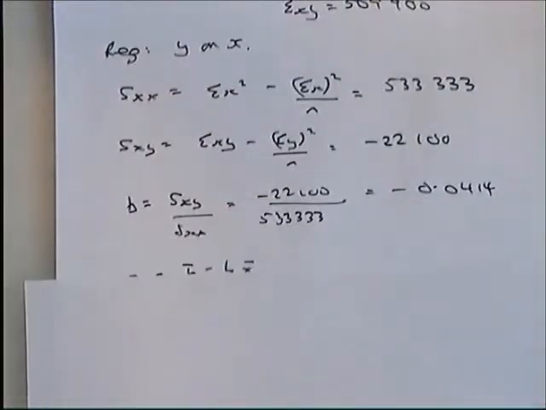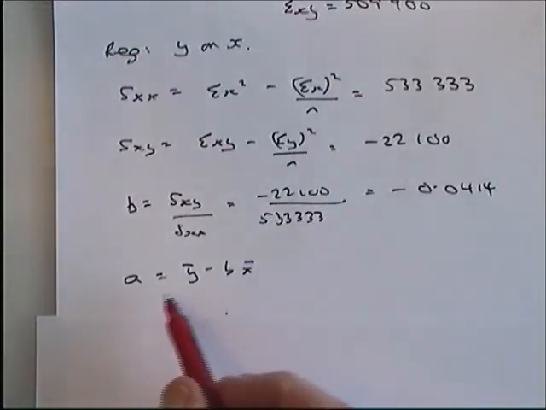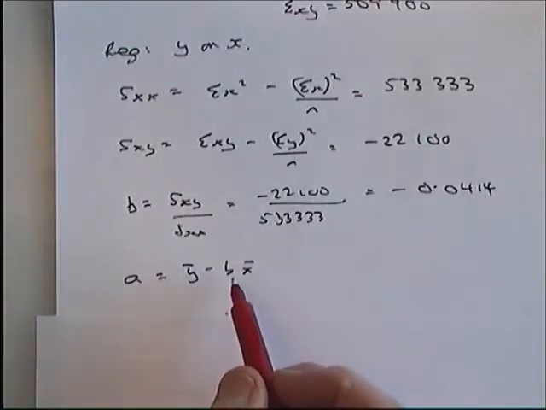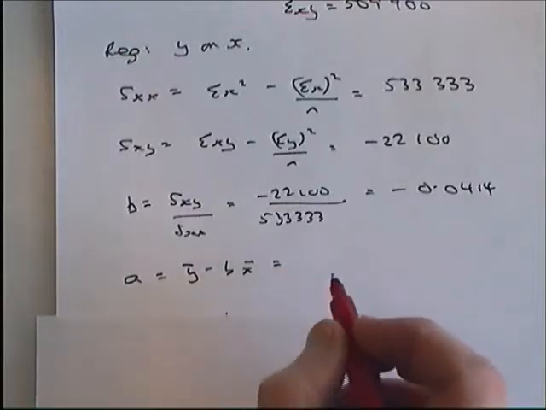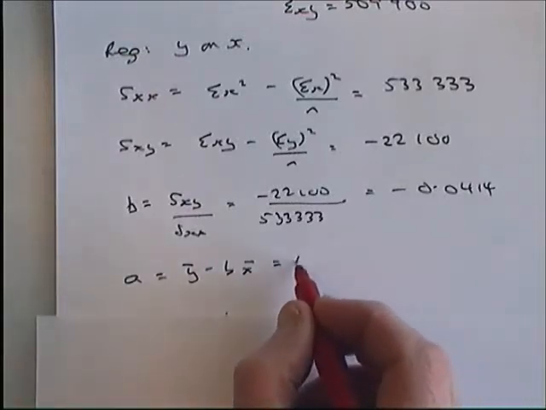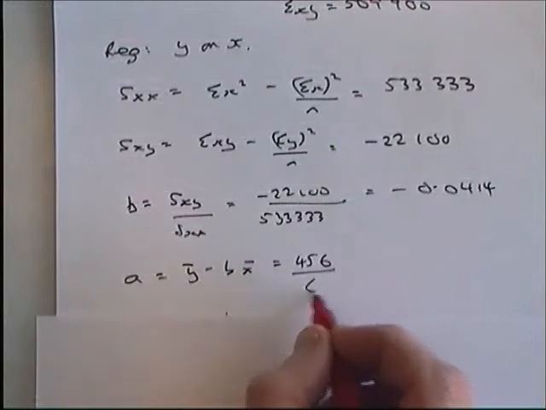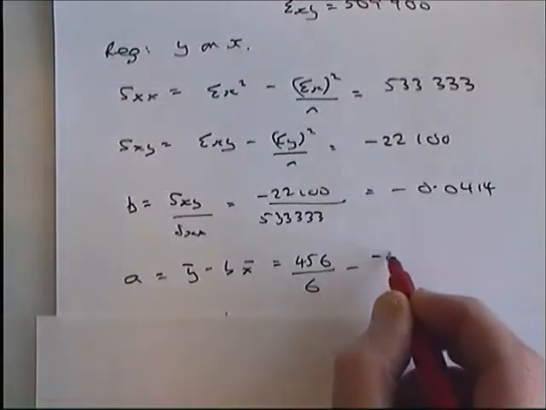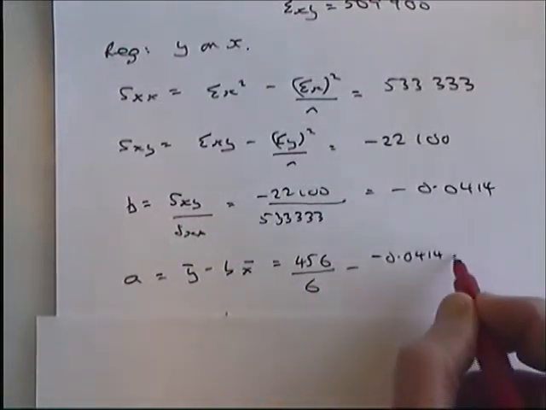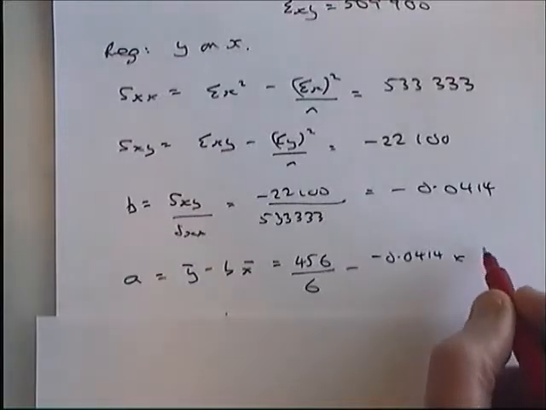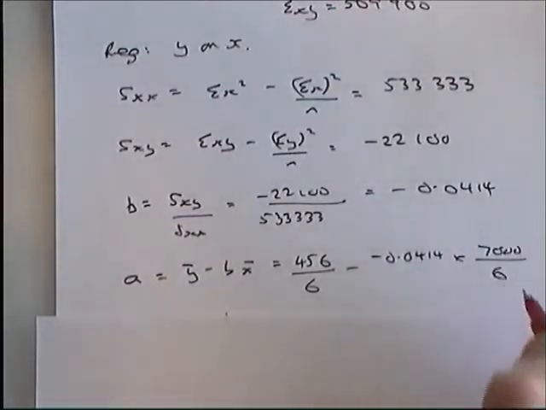After you've worked out b, you can work out a, which is the y-intercept of your line, and a is always y bar minus b times x bar. Y bar is sigma y over n. B we've just worked out, and we're timesing that by x bar, which is sigma x over n.